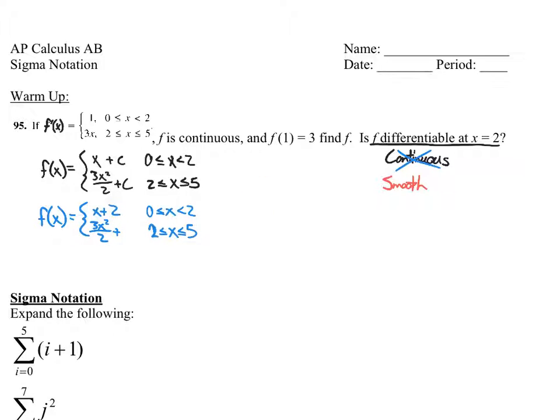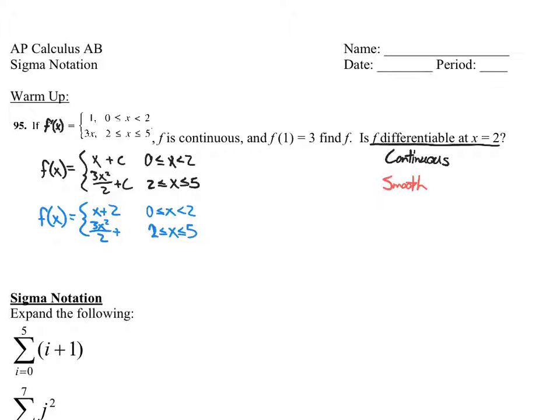So let's actually revisit here and think about what that would mean. Okay, so 2 plus 2 is 4, so this thing has to equal 4. And when I plug in 2, in order for it to be continuous, 2 squared is 4 over 2 is 2 times 3 is 6.